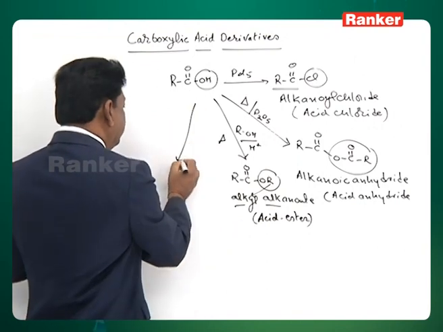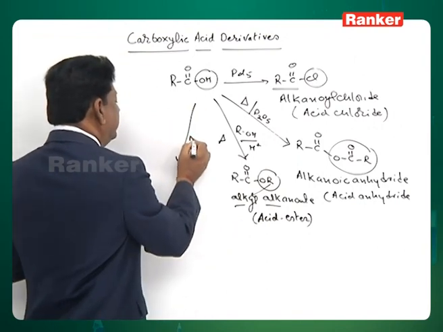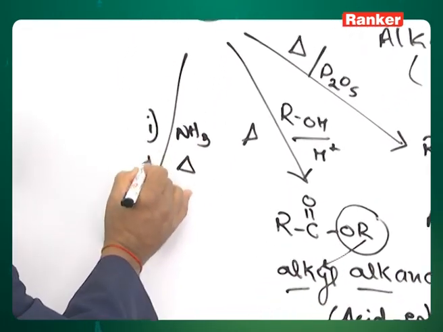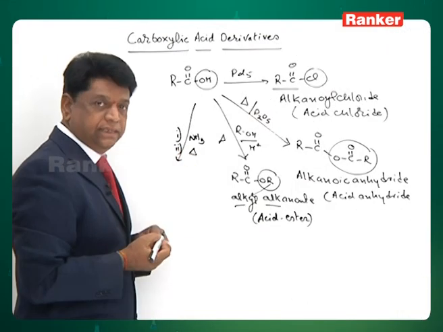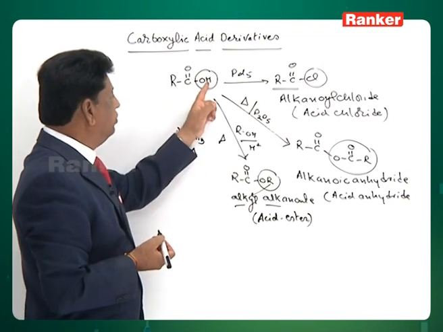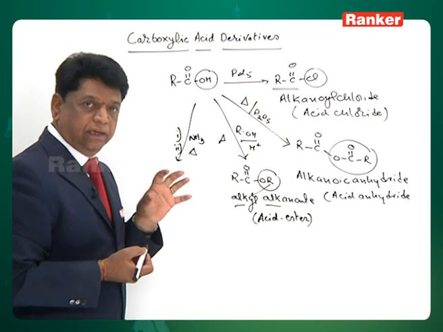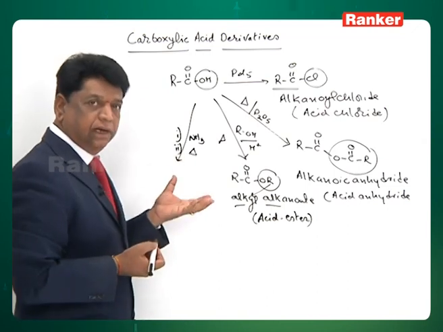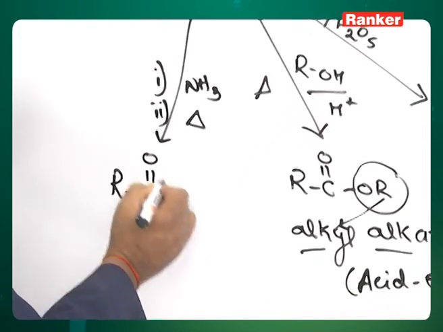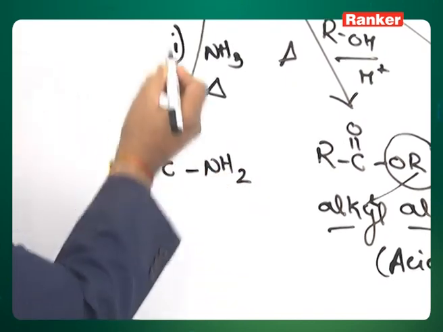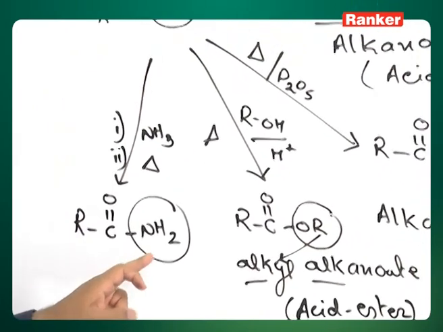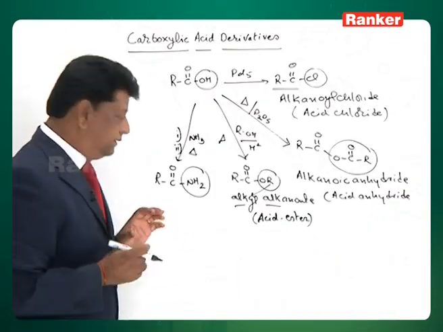Lastly, there is one more derived product, that is when you treat it with ammonia followed by strong heating. First add ammonia, you get a salt of the acid, ammonium salt, just like sodium salt, potassium salt. You will get NH4+ RCOO-, the salt is formed. Go on, heat it, that salt melts and then distills out as RCONH2. So, their preparation is from the carboxylic acid. In fact, they are all derived by replacing the OH, therefore, they all are called acid derivatives.